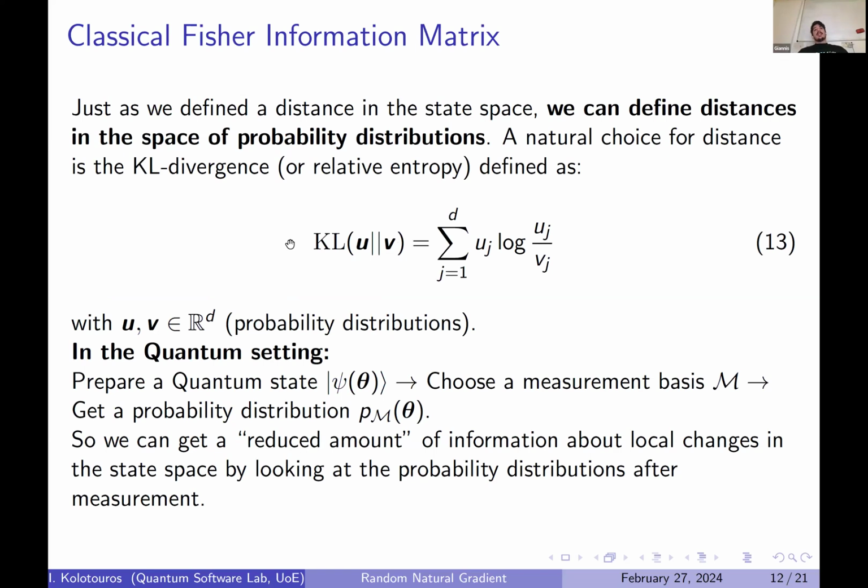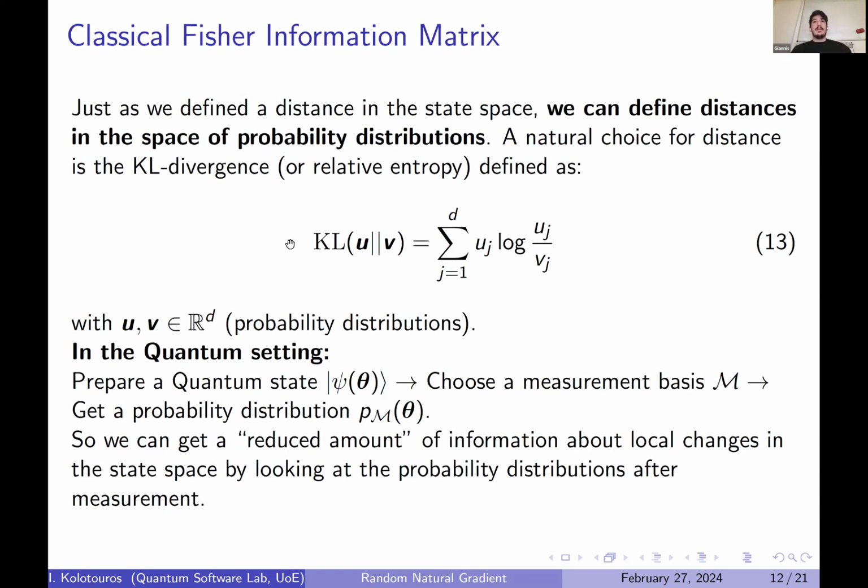Now, just as we discussed distances in the space of quantum states, one can define distances in the space of probability distributions. A natural choice of distance measure for the quantum states was the infidelity. A natural choice for distance measures in the space of probability distributions is the KL divergence, or else the relative entropy, which is defined as you see in equation 13.